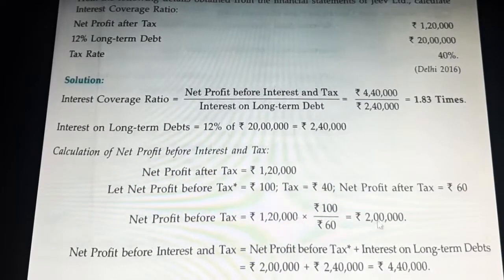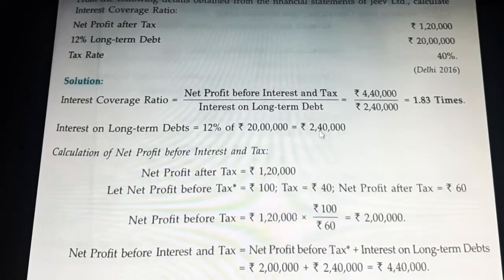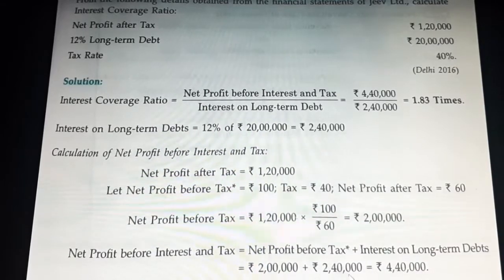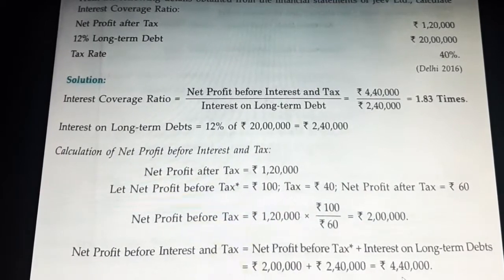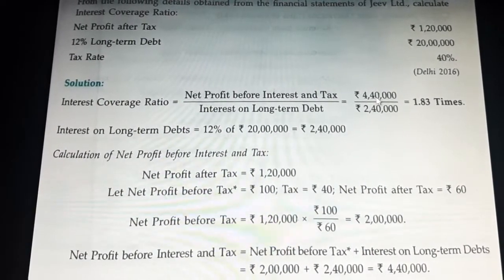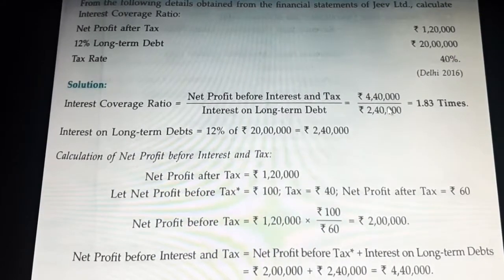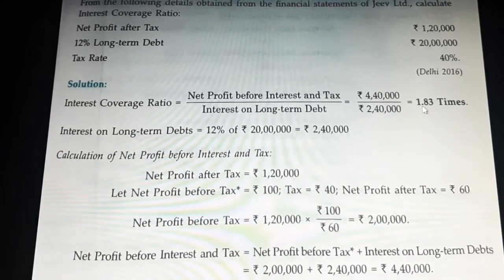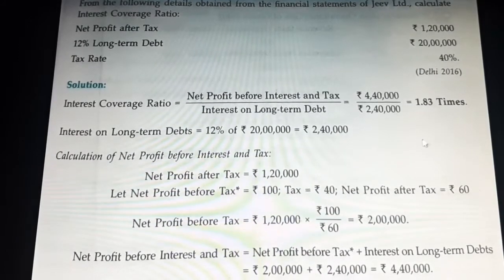So adding 2 lakh of net profit before tax and 2,40,000 of interest on long-term debt, adding that together you will get net profit before interest and tax, that is 4,40,000. Substituting this amount here and simplifying, the answer you will get is 1.83 times.